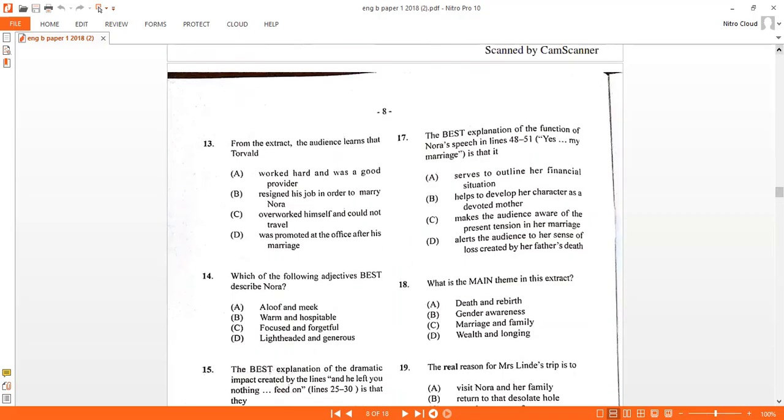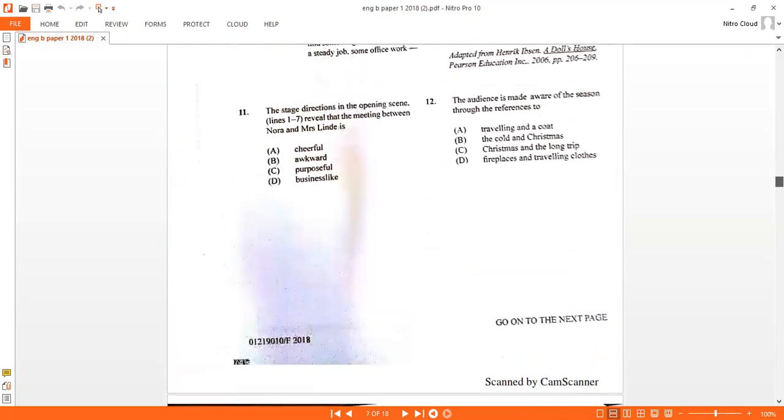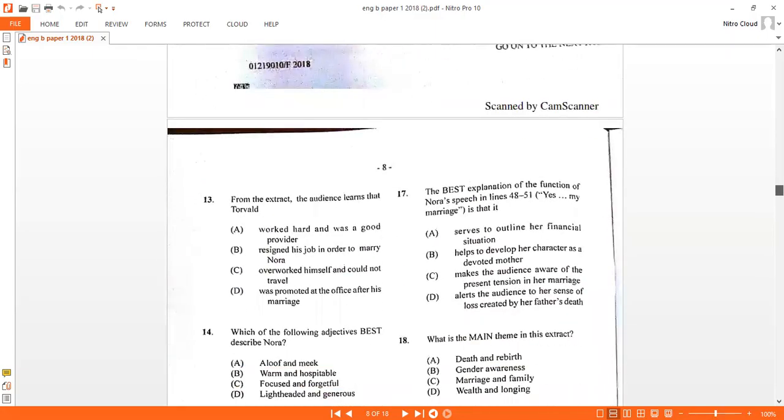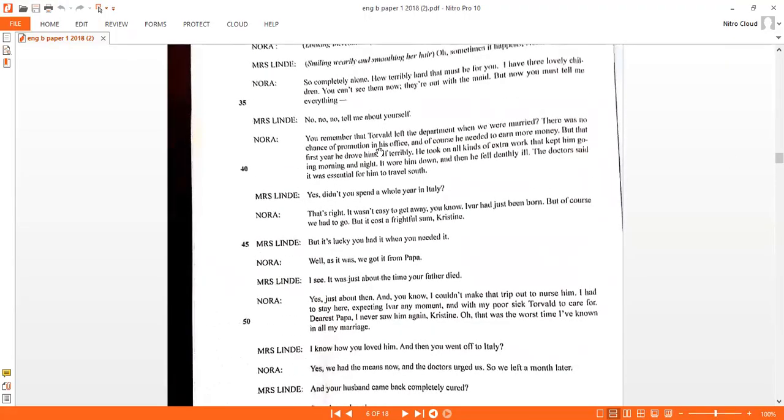It did tell us in the extract, right after reading, we read this information about Torvald. The answer is worked hard and was a good provider. Let's find it. She says, you remember that Torvald left the department when we were married. So we know that he did not resign in order to marry her because they were already married. Then it says there was no chance of promotion. So we know that it could not be D because he was not promoted after his marriage.